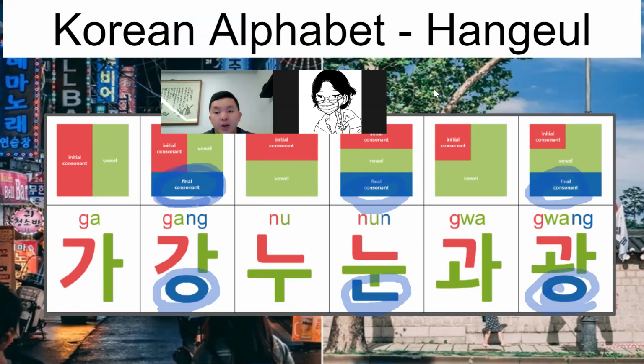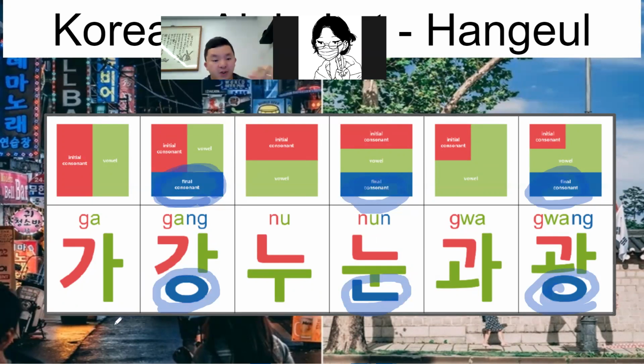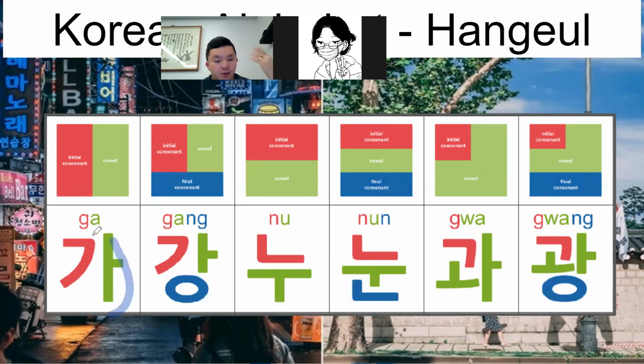So then another question: concentrating on the vowel, in the first box and the second box, the vowel is completely on the right side of the consonant. But in the third one and the fourth one, the vowel is at the bottom of the consonant.